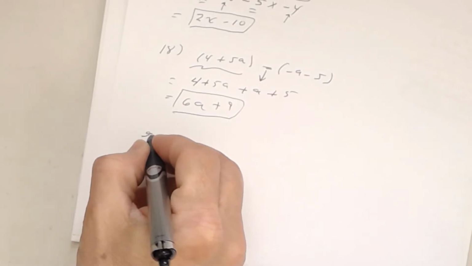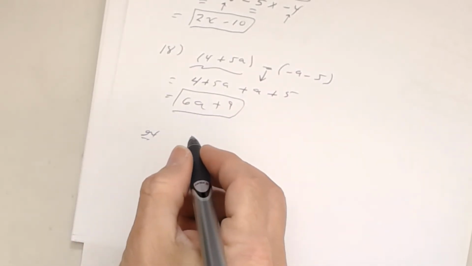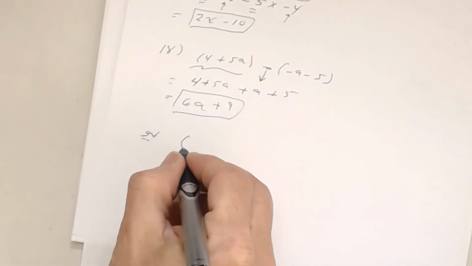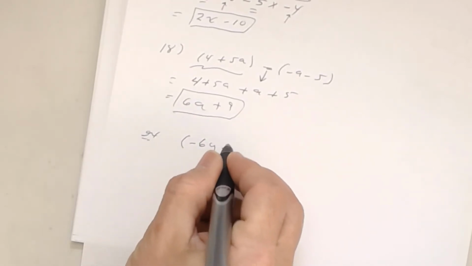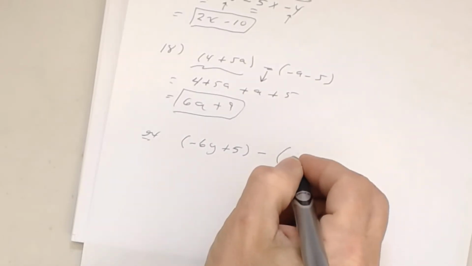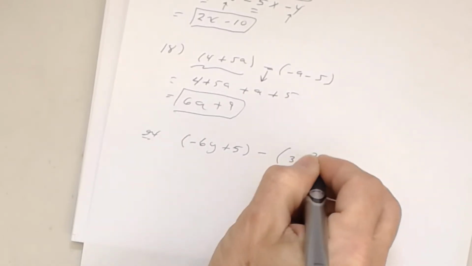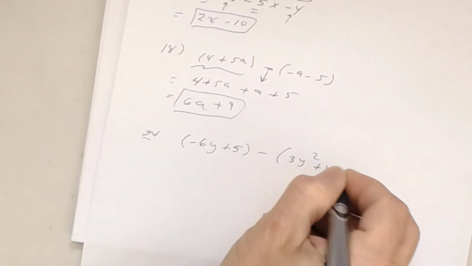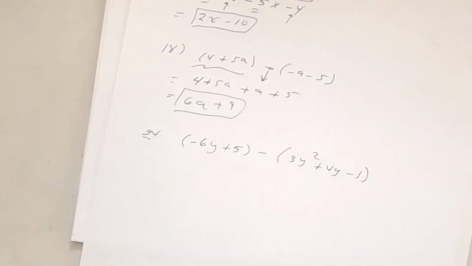Suppose we had, write this example, negative 6y plus 5, subtract 3y squared plus 4y minus 1.